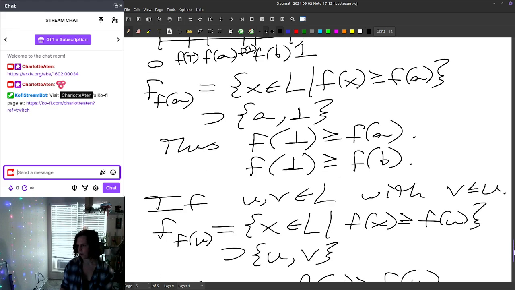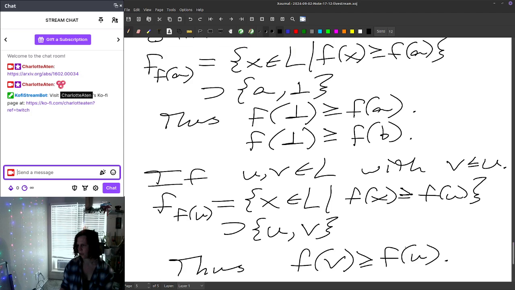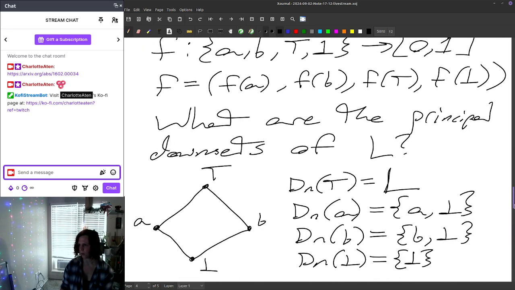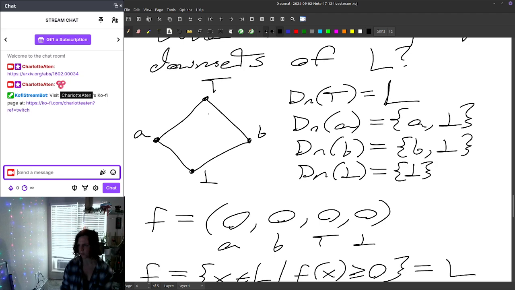In other words, as we go down in this picture from the top of this thing to the bottom, we should be giving larger values to each of the elements.